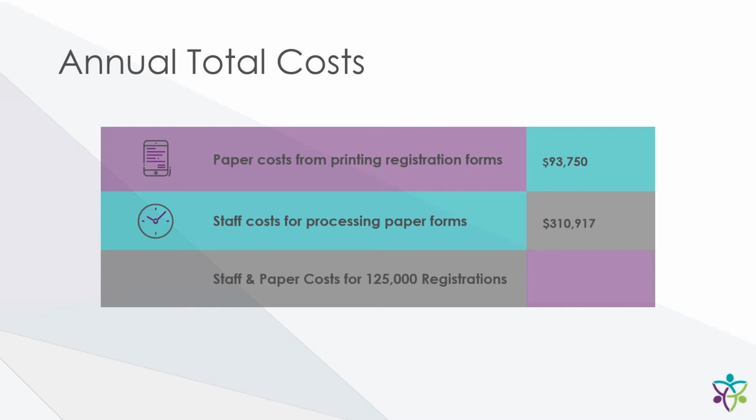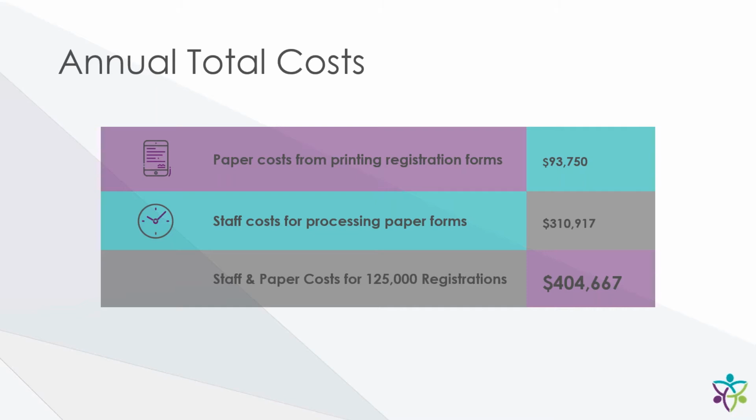So overall, this creates a return on investment or a cost savings of $404,667 just by eliminating paper at registration with your staff time and the paper. Those hidden costs that seem so small individually really do add up. And what most people don't realize is that those savings are significantly higher than the cost and time needed to implement a digital solution like e-signature at registration.